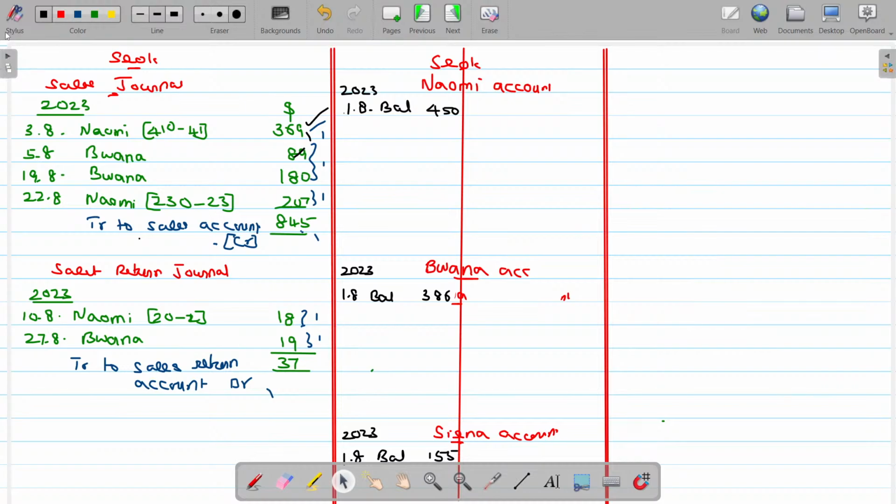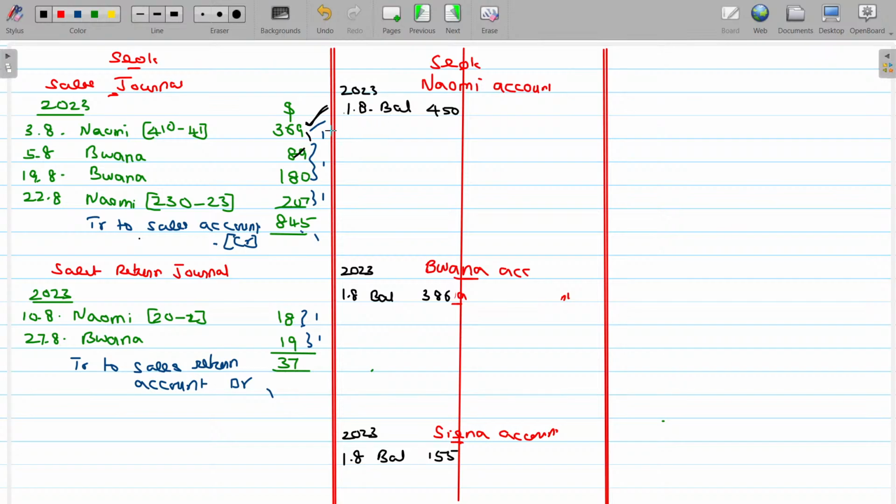Now, what are the transactions? You have to record all these things, right? This one 369 will be posted in Naomi account debit side. The total goes to the credit side, means internal value will be transferred to the concerned party's credit side. So here sales, the value being 369, and Buona on 5th August and 19th August, two sales are there.